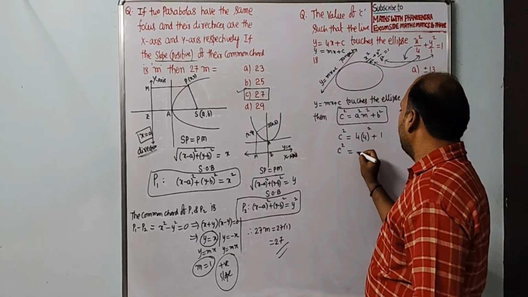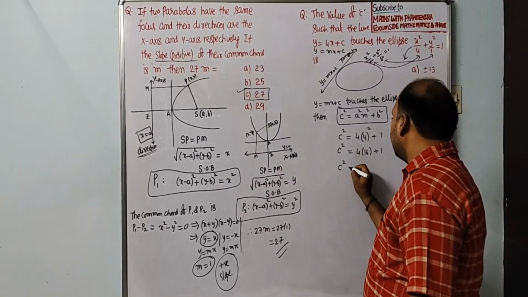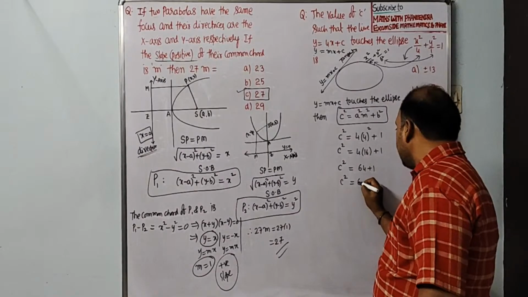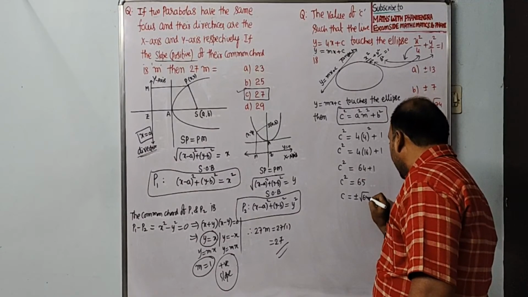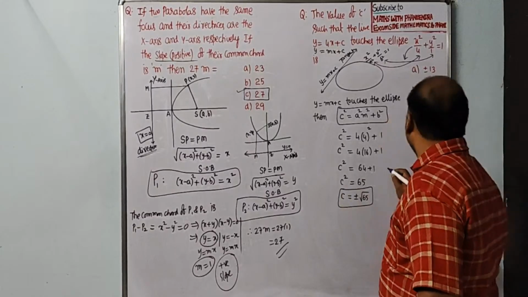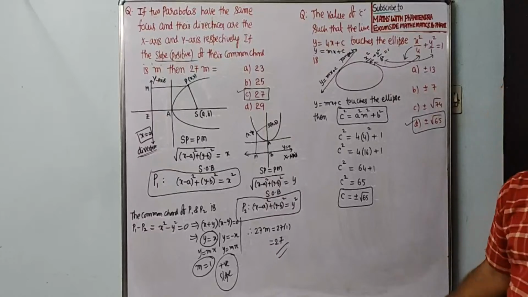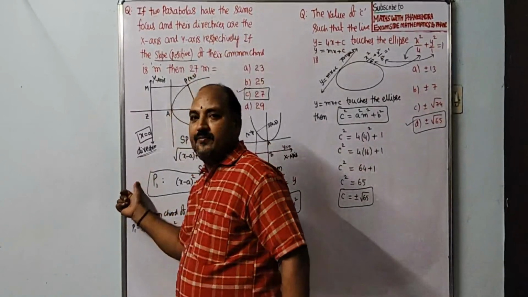So c square equal to 4 into 16 plus 1. C square is equal to 64 plus 1, c square equal to 65. C is equal to plus or minus root 65. Therefore, the value of c is plus or minus root 65. I hope you understand this. This is a conceptual question, a good question.